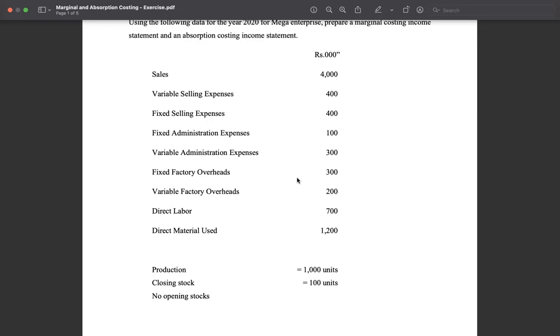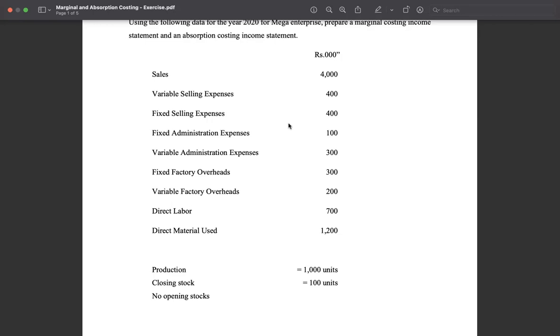Variable selling expenses 400. Then fixed selling expenses again 400. Fixed administration expenses 100. Variable administration expenses 300. Fixed factory overheads 300.